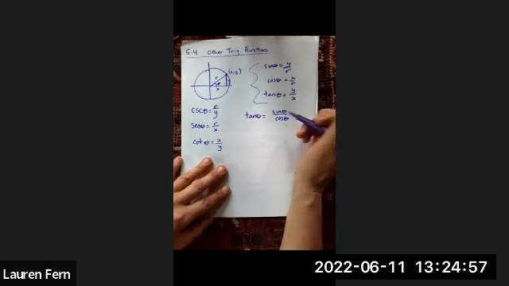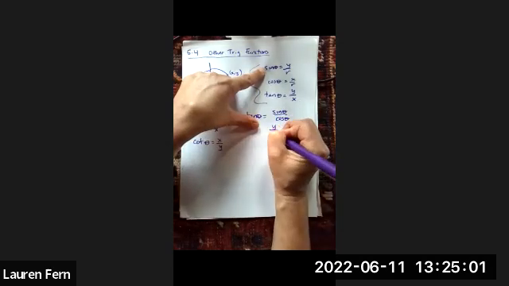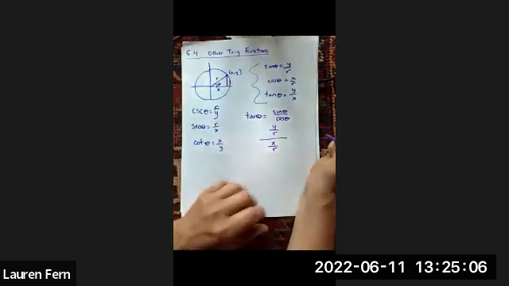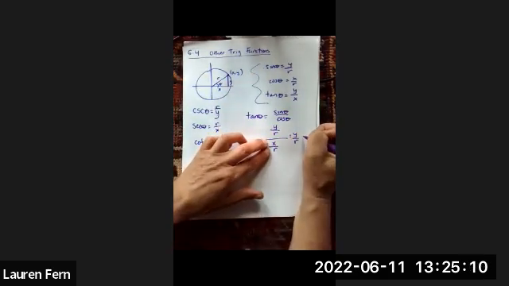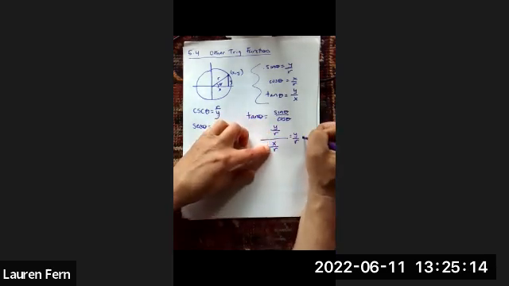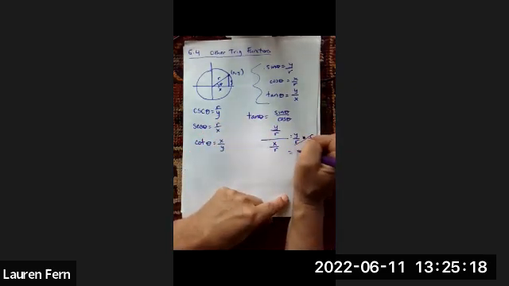If you don't believe me, check it out. My sine is y over r. My cosine is x over r. And when you have a fraction divided by a fraction, you take the top and multiply it by the reciprocal of your denominator.